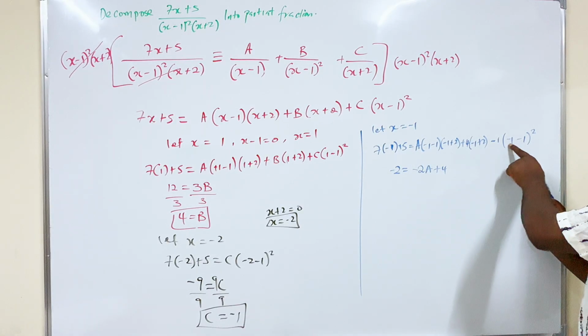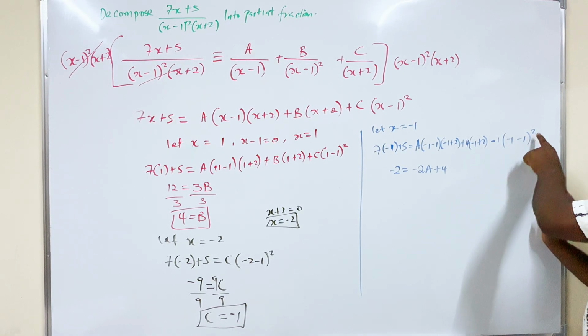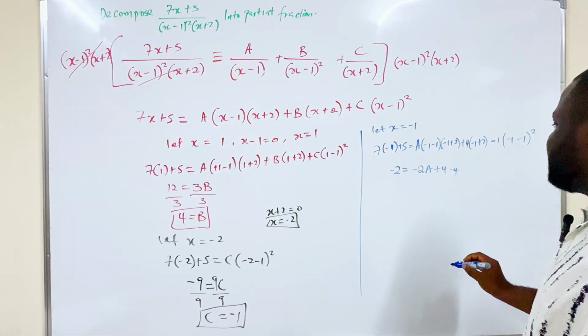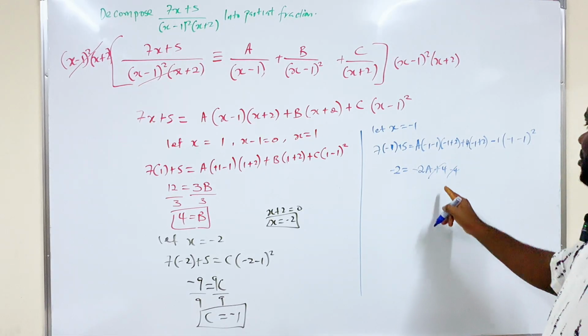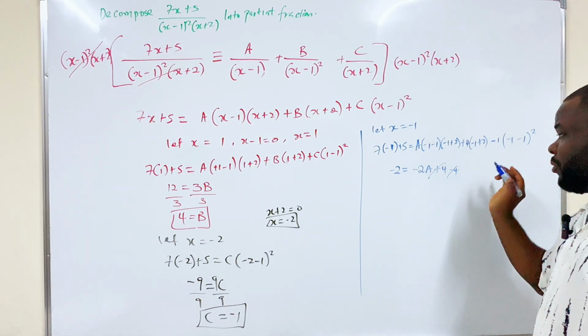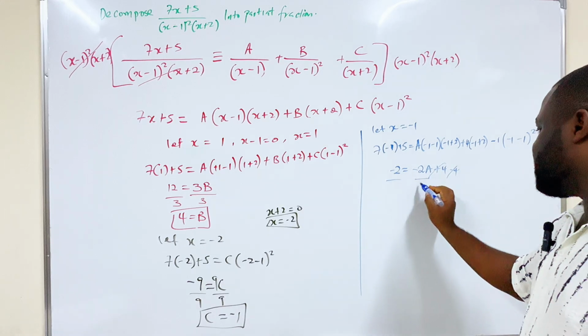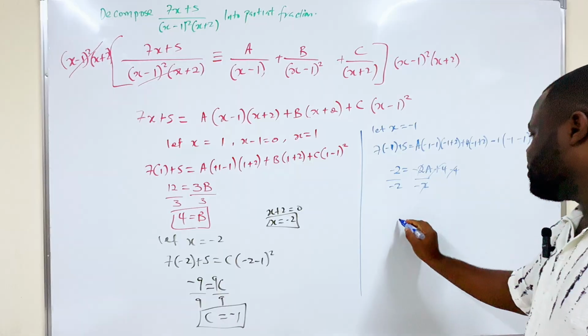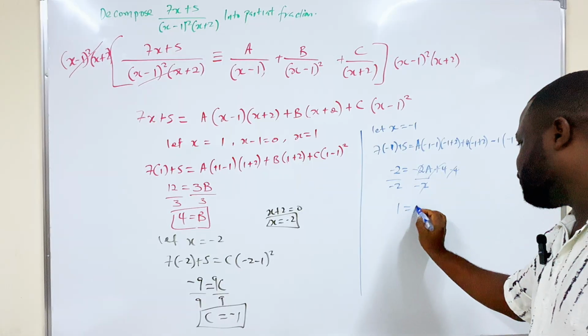Now we have negative 2 here, then the square is positive 4. Positive 4 multiplied by negative 1 will give us negative 4, right? So the positive and negative cancel each other. So I divide both sides by negative 2, and this will give me 1 equals a.